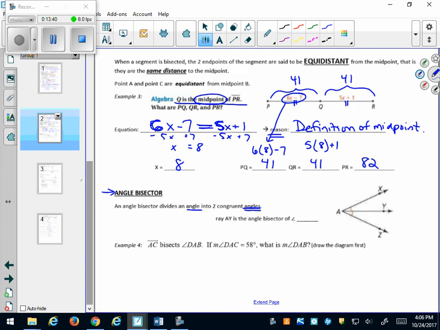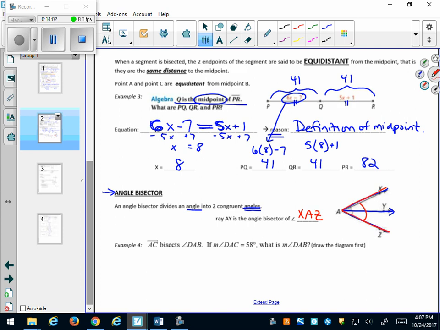So this says ray AY is the angle bisector of angle XAZ. Well, the angle we're splitting in half is this one. So we're cutting angle XAZ in half.